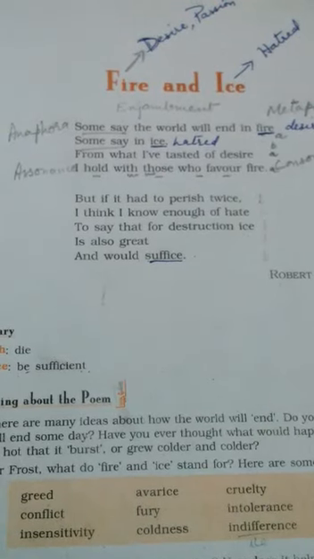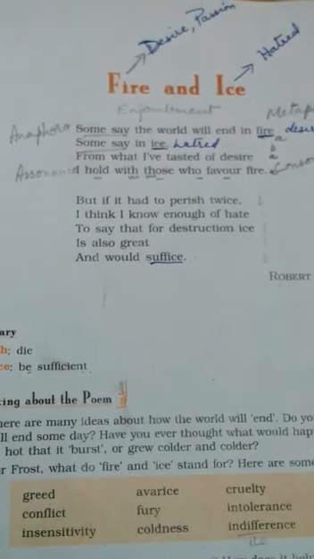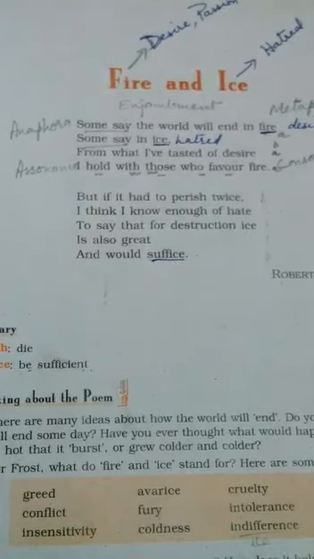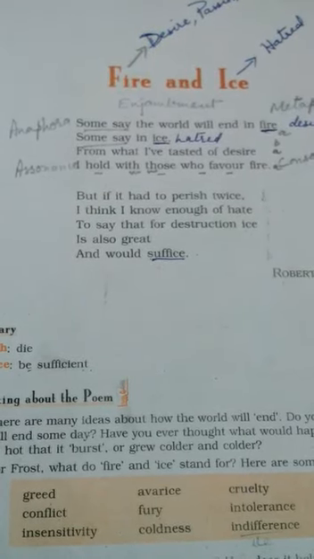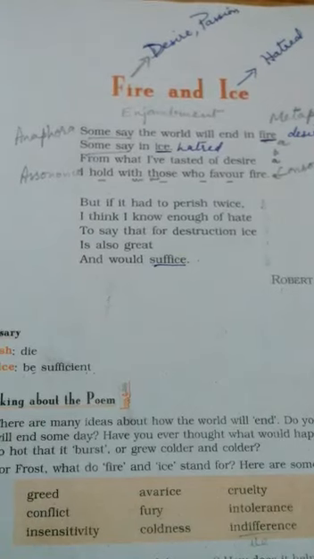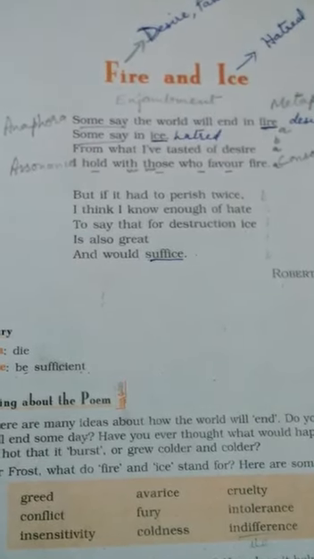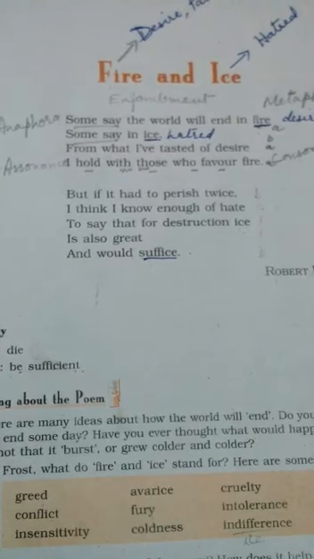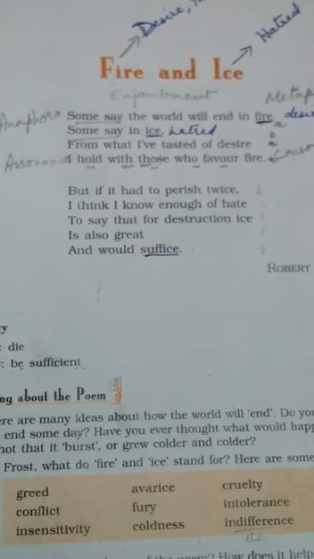Further he says that if the world had to perish twice, he supports the view that it will come to an end because of fire.